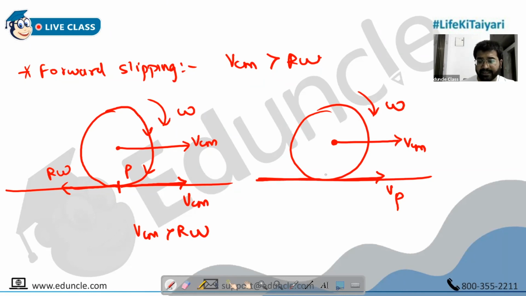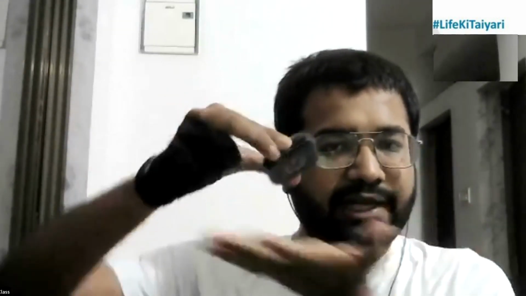Next is, what is going to happen is, people, the object which is going to roll, the point of contact now has a velocity with respect to the ground. So it is going to slide, it is going to skid. Okay, because of which, if it is going to skid now like this, there will be a friction in the opposite direction. Simple. If this was at rest, then there will be no friction.